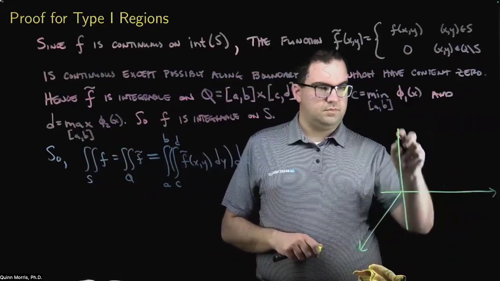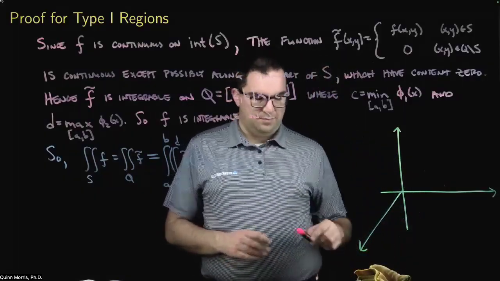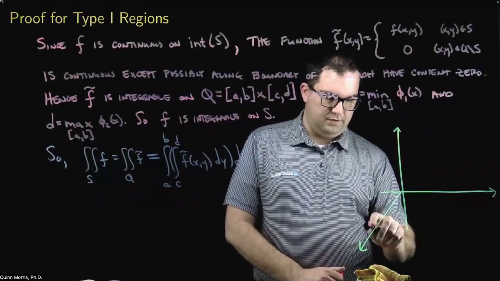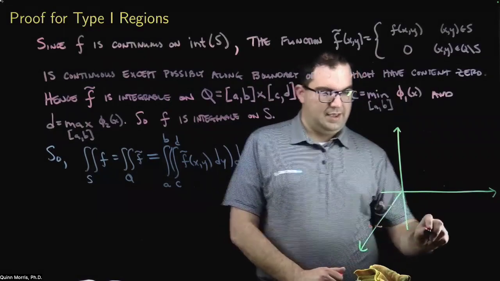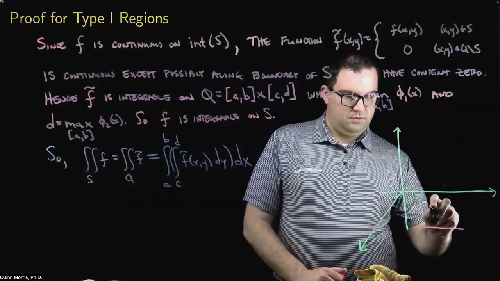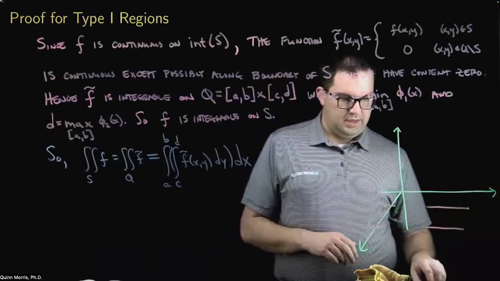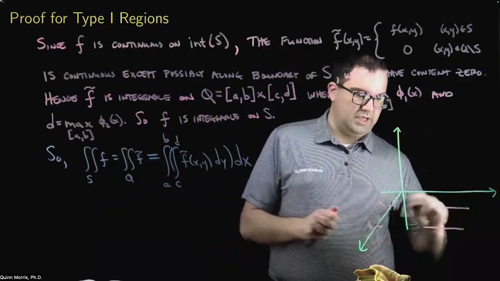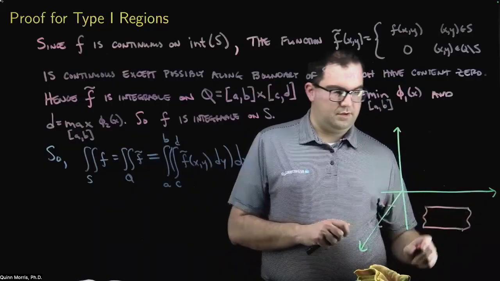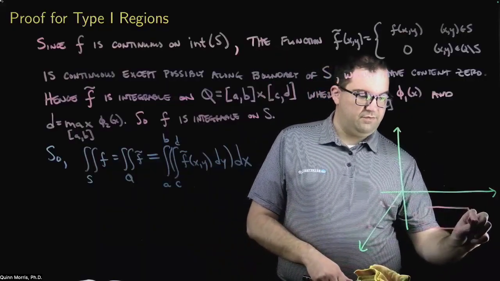It's going to be helpful here to sketch another picture to help us think about what's happening. So I have this set S, and it's a type 1 region. So when I put a type 1 region down in here, there's B, there's A. I'm going to get these lines here, and then I'm going to have some functions on the sides: this will be phi1, this will be phi2.